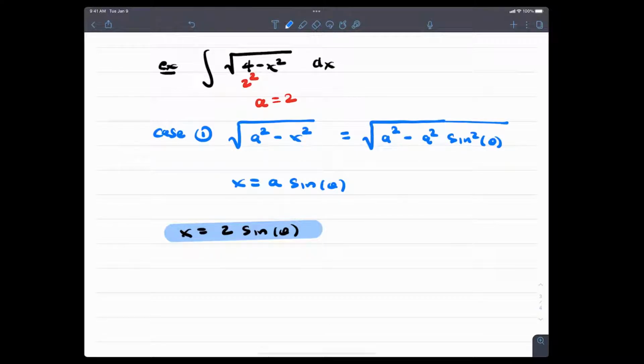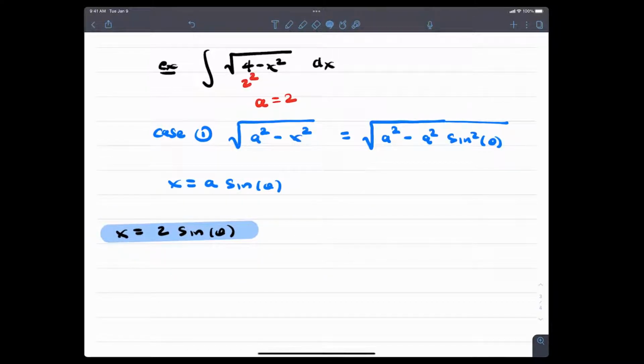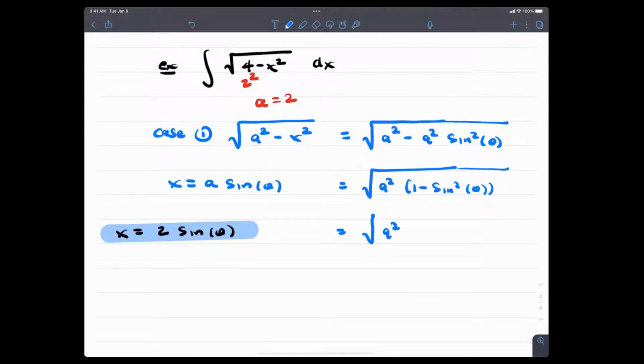We're still going to use the identity. It's not going to be a particular case here. Factor out the a squared, and now you're left with 1 minus sine squared theta, right? And that becomes a squared cosine squared theta. Again, Pythagorean identity in general.